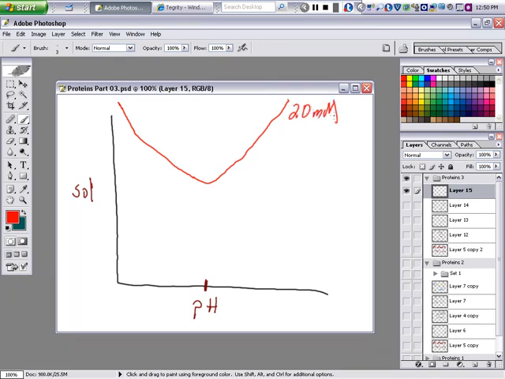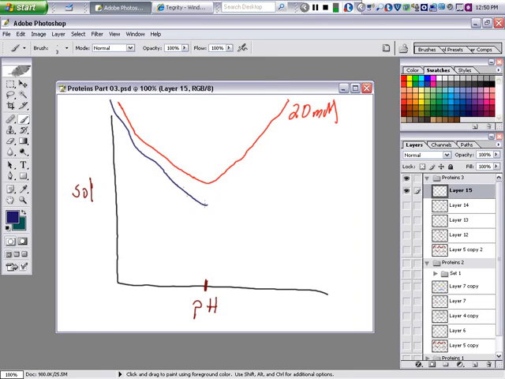Very low. And then if you go to 10 millimolar, if you put the protein in a 10 millimolar solution, what's going to happen? It's going to be dissolvable. But as it gets closer to the isoelectric point, it's going to be less dissolvable.